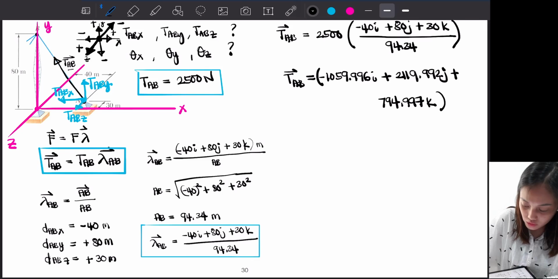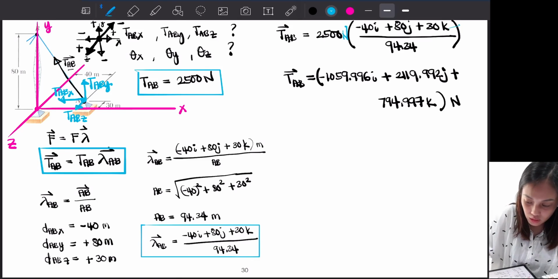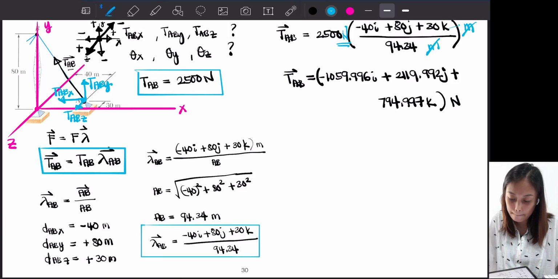Don't forget the unit is newtons. The 2,500 is in newtons and the other unit is meters, so the meters cancel out and the remaining unit is newtons.